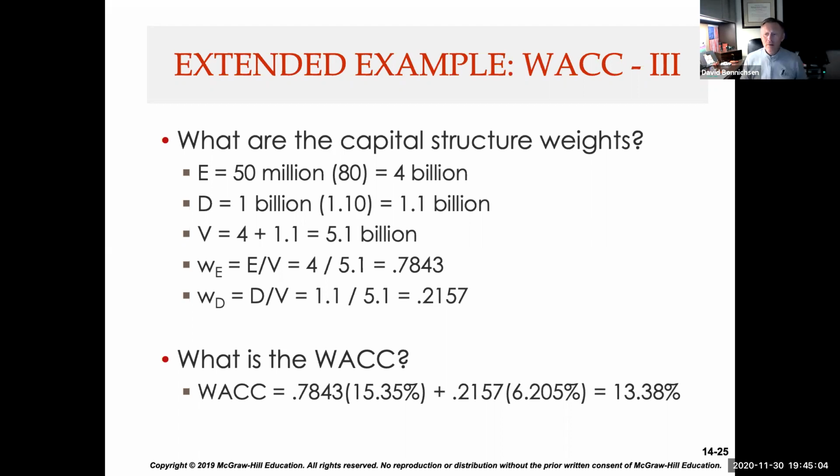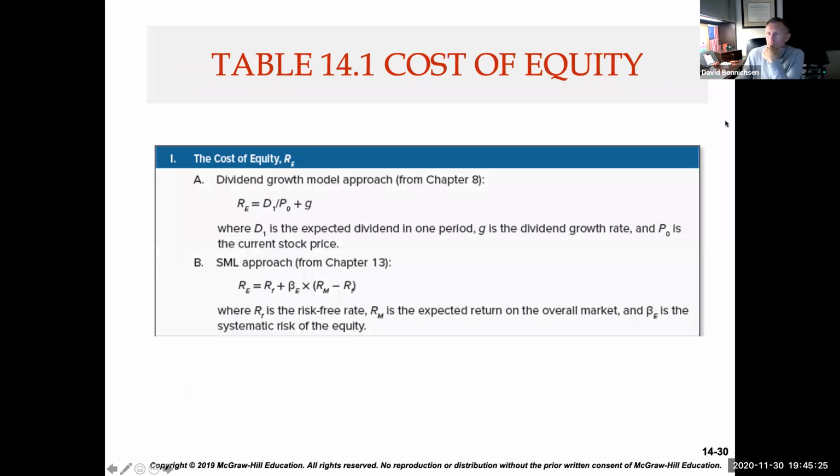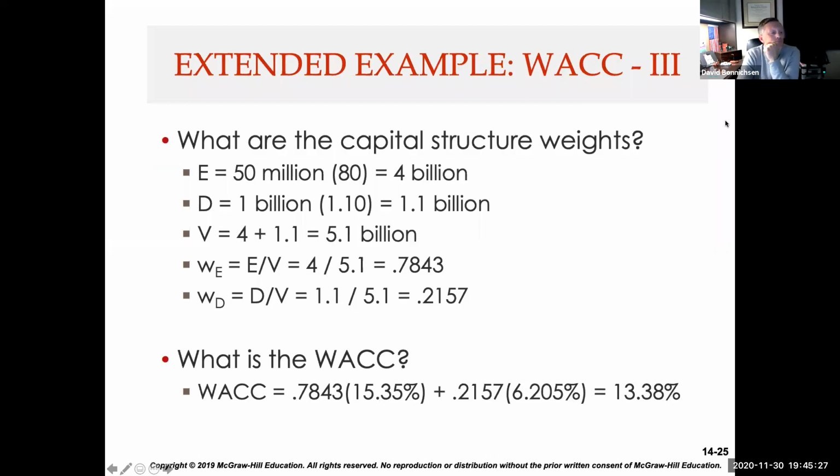What other information might you need to be able to start honing in on whether or not 13.38 is good or bad, or high or low, or reasonable? What are some of the things you might want to know?